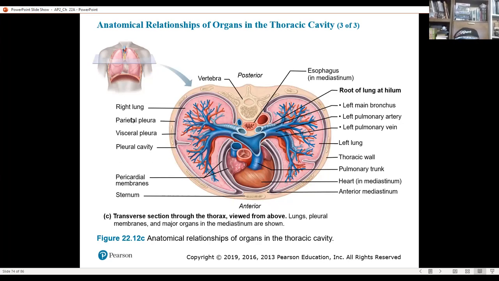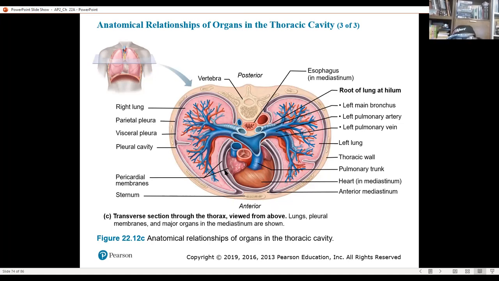Things we haven't mentioned yet: parietal pleura, visceral pleura. You probably heard these terms before. If you haven't, you're going to hear them when we do the digestive system too. Visceral, think very close. This is like stuck to the organ. You heard this on the heart too. Here, the pericardium on the heart, you'll remember we had the visceral pericardium and the parietal pericardium.